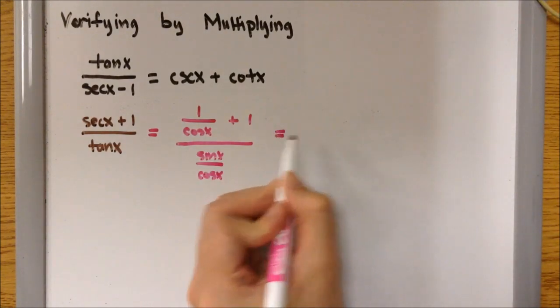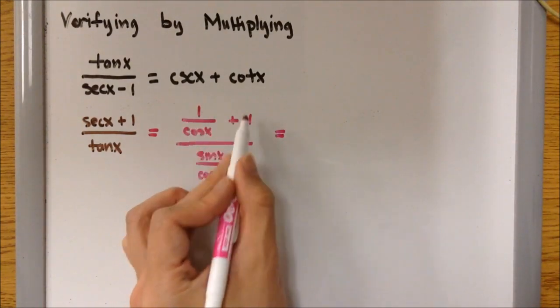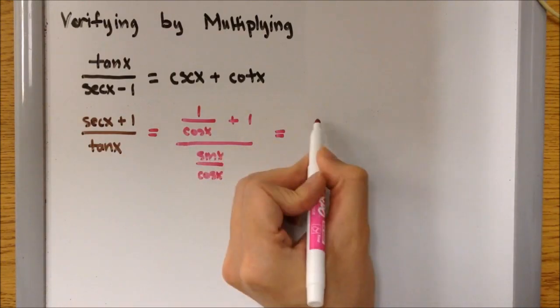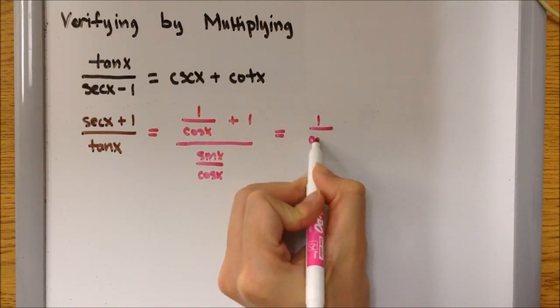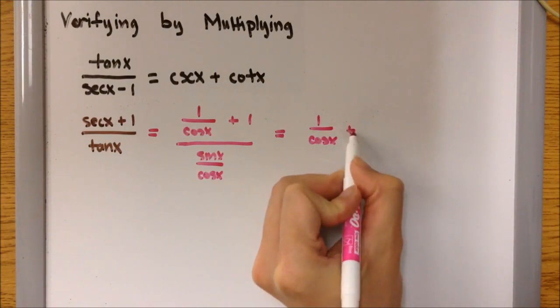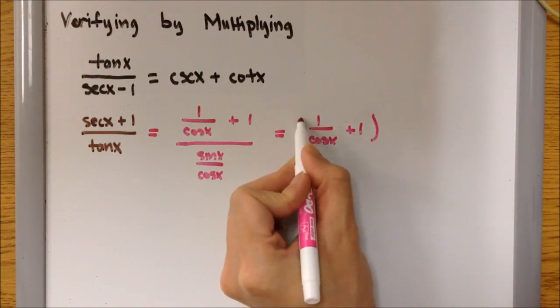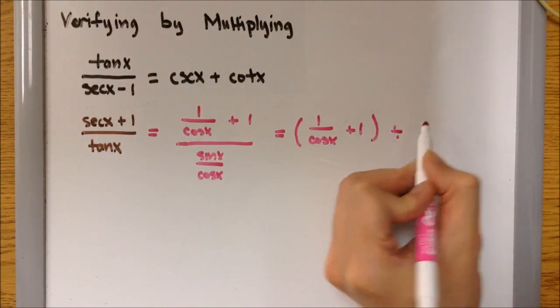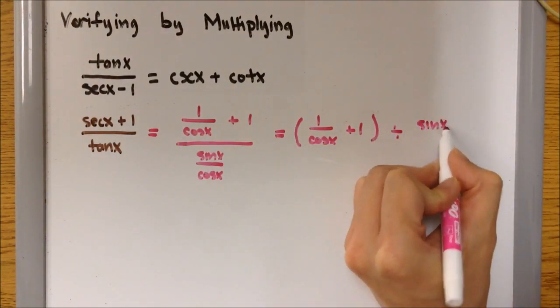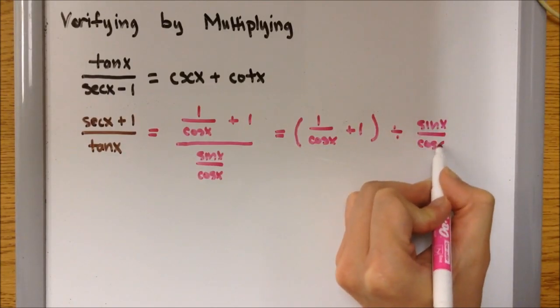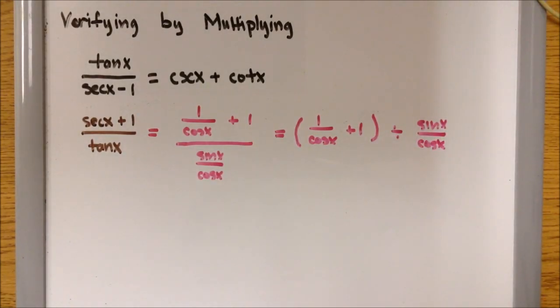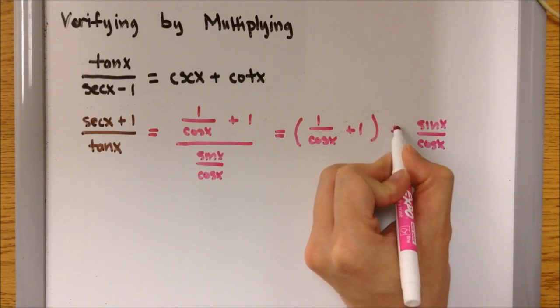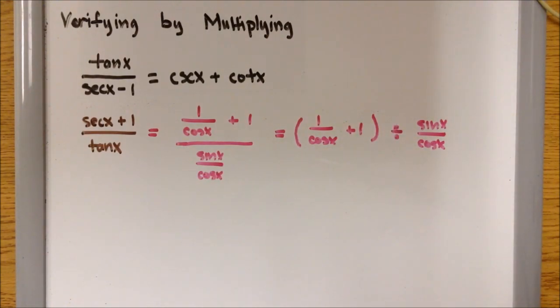Now this will become basically a fraction with a term divided by another fraction. So basically 1 over cosine of x plus 1 in parentheses, since I have multiple parts in the numerator, divided by sine x over cosine of x. So again, this is a division. When we're having division of fractions, we can change it to multiplication.